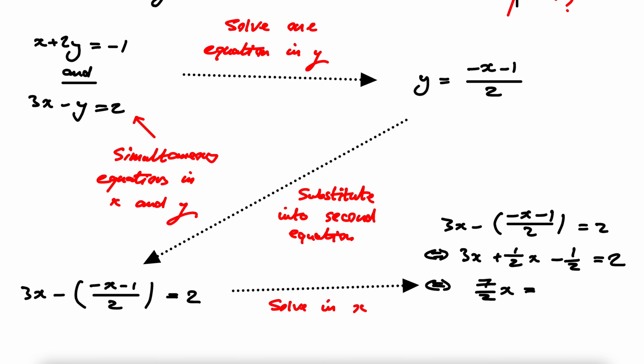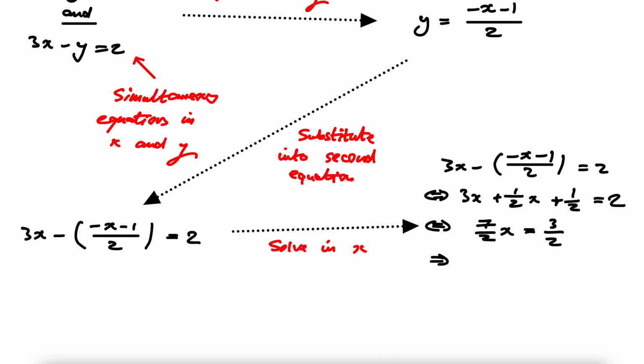Then it would be 2 plus a half. Oh, no, I'm wrong, aren't I? It's a minus there and a minus there, so this should be a plus. It's easy to make a mistake if you're not careful. So then it would be 2 minus a half, that's 3 over 2.